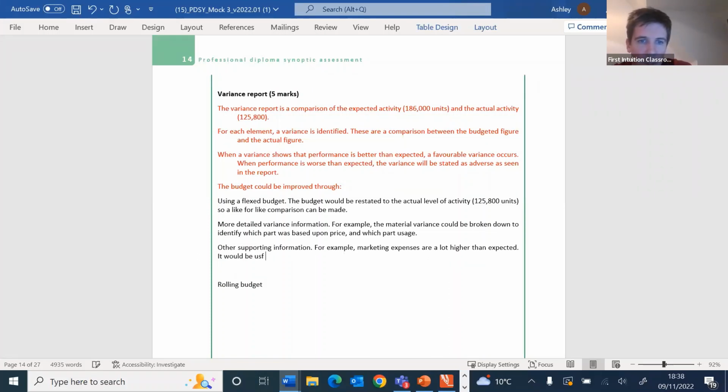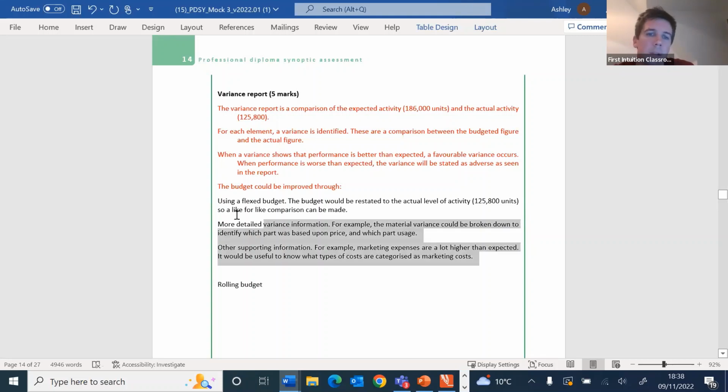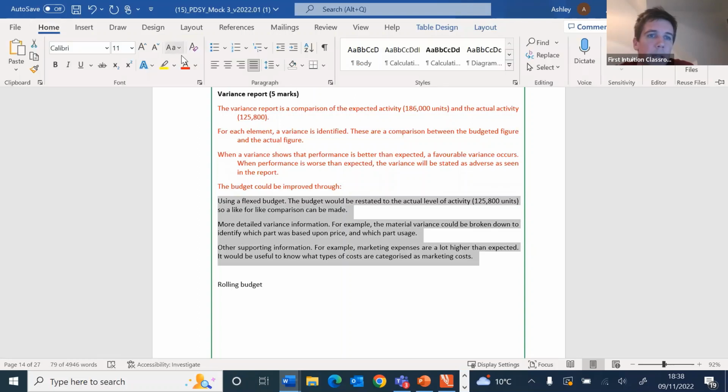It'd be useful to know what types of costs are categorized as marketing costs. I mean, obviously, you'd say marketing costs, but specifically what sits in there. So, they are just three recommended improvements. You could definitely come up with more.